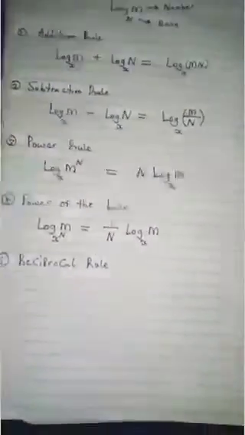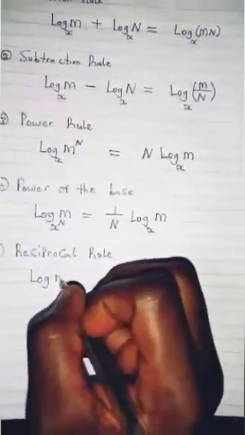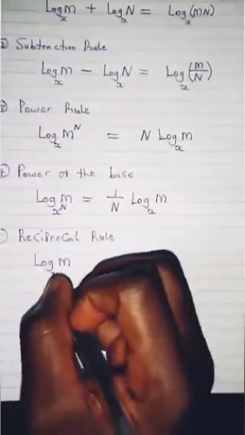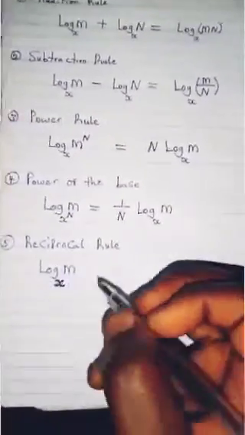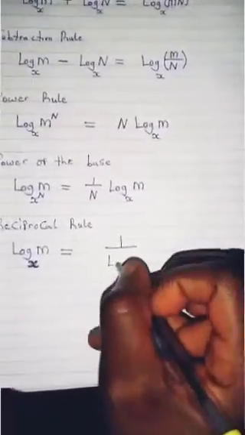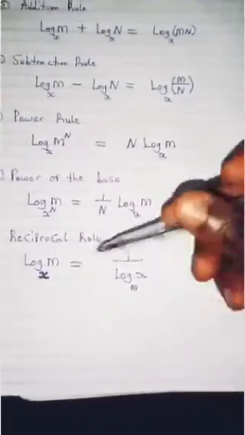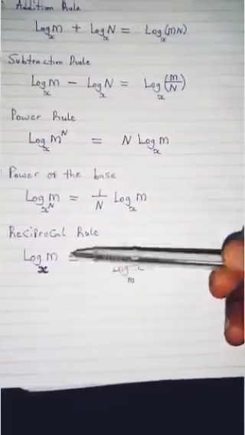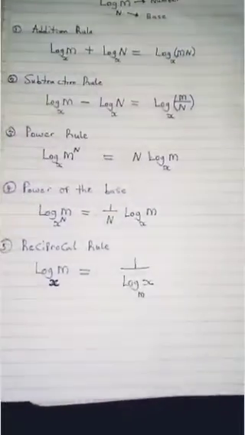The reciprocal rule: if we have log m into base n into base x, log m into base x, the reciprocal rule is going to equal 1 over log x into base m, which means this m is going to turn to base, then this x is going to turn to number, but we are going to be having 1 over the base.